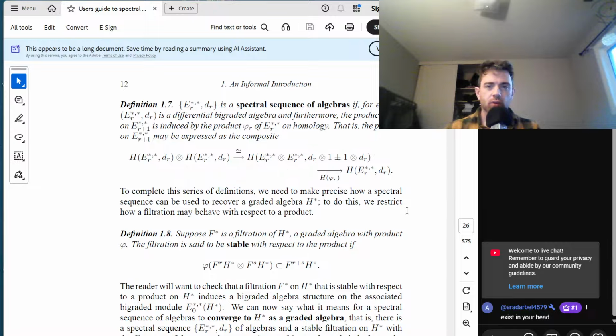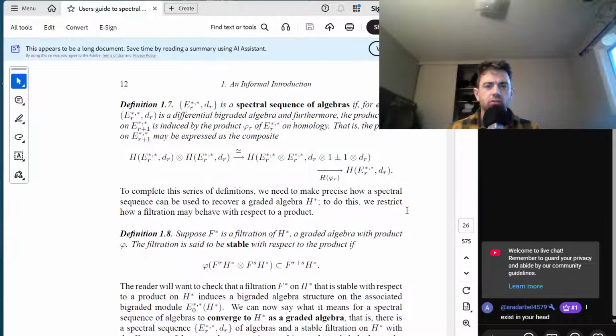And furthermore, the product on the r plus 1 page is induced by the product on the rth page on homology. I see.